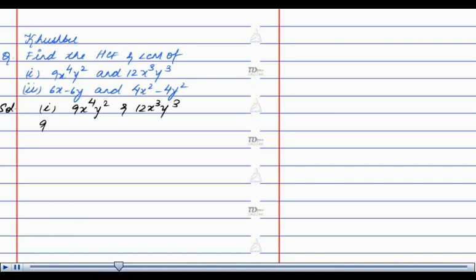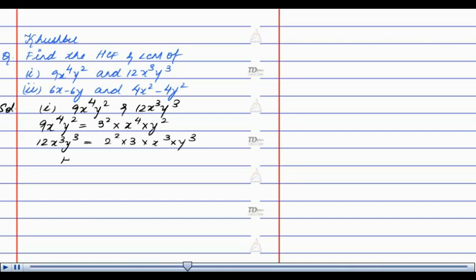We first factorize 9x to the power 4 y square and get 3 square into x to the power 4 into y square, and on factorizing 12x cube y cube we get 2 square into 3 into x cube into y cube.